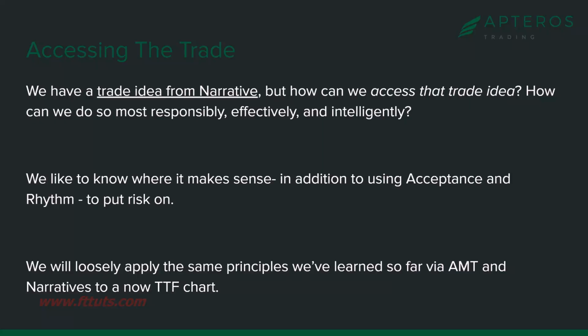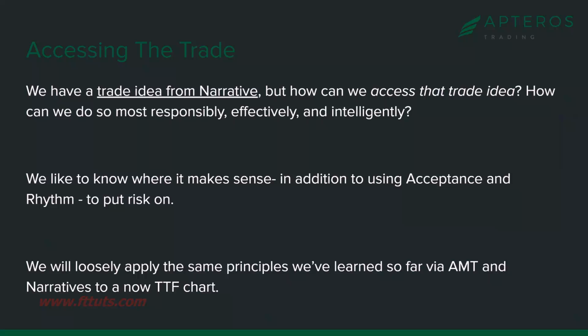How can we access these trade ideas? How can we do it responsibly, smartly? Where does it make sense on our trading time frame to begin to put these trades on once the acceptance picture is in our favor? Do we just trade any and every pullback? Is there anything better that we can apply? And the answer is yes, we can.